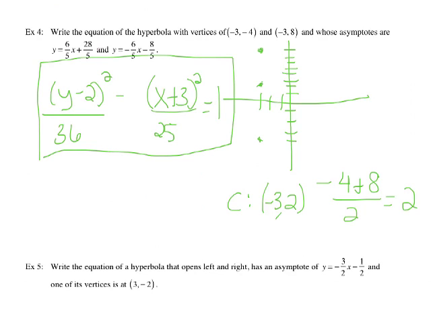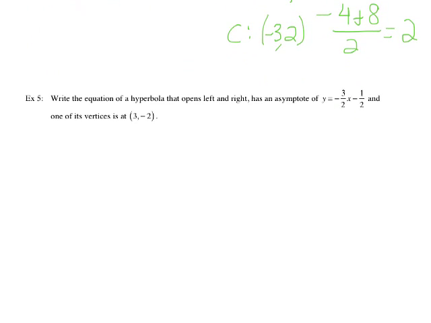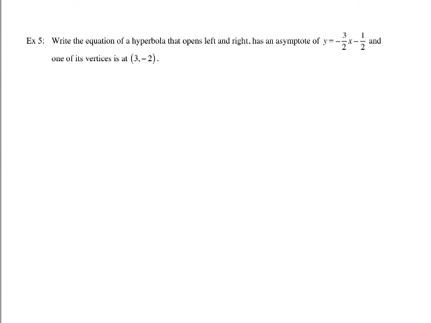Okay, so moving on to the next problem. It says, write the equation of a hyperbola that opens left and right, has an asymptote of y equals negative 3/2 x minus 1/2, and one of its vertices is at 3, negative 2. Okay, so again, I think it's helpful to draw a picture just to get an idea of what this is going to look like.